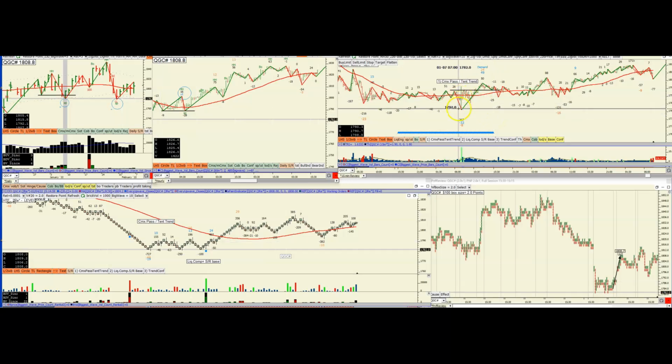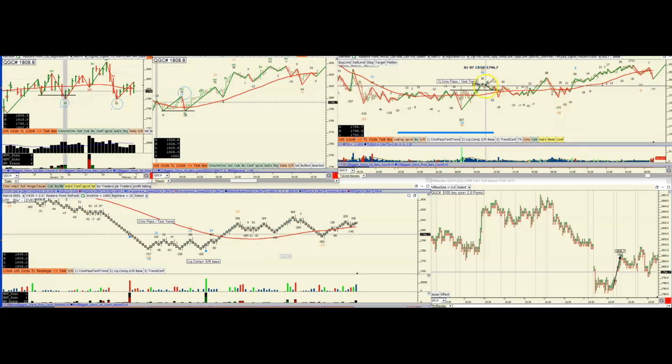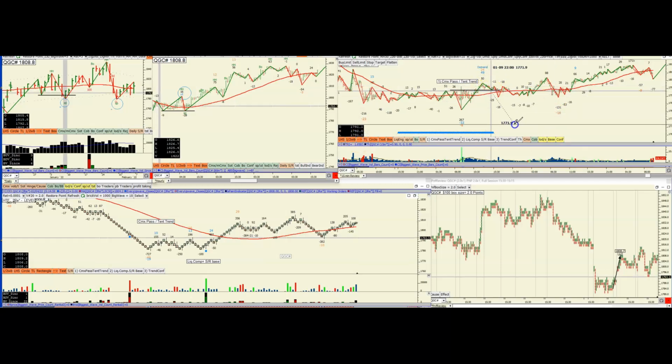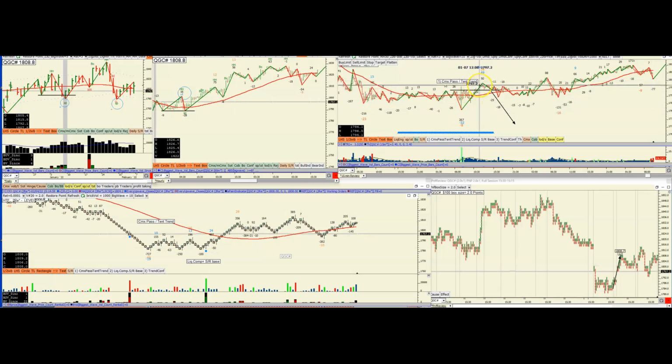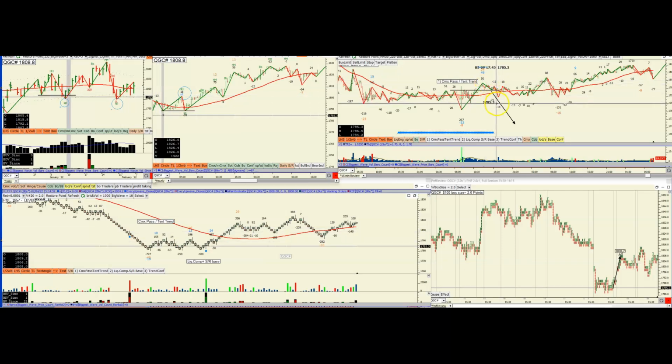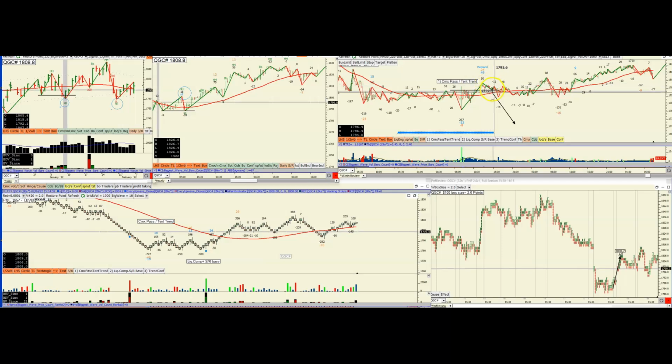If this is short covering, what should happen now is the selling should come in and break. If this move up is short covering, this buying wave, it should be sold, and it should break.